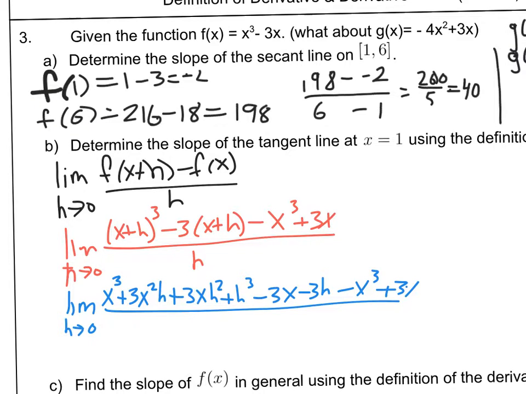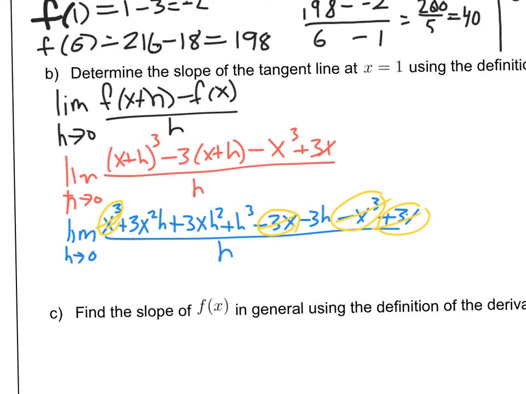And I notice that x cubed and my 3x's will cancel out. All this is divided by h. We're going to rewrite this with everything with one h removed.